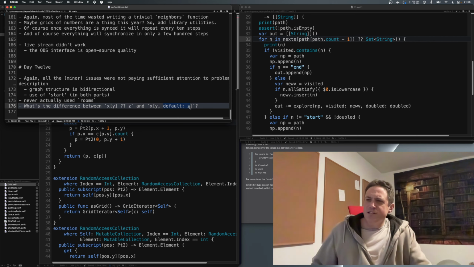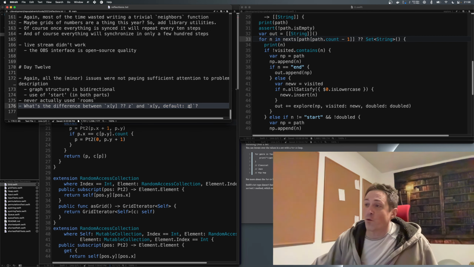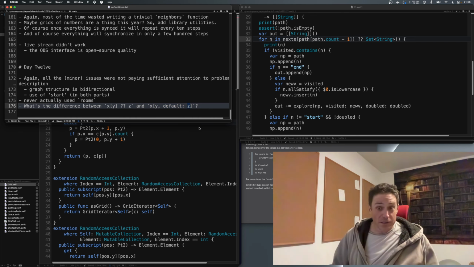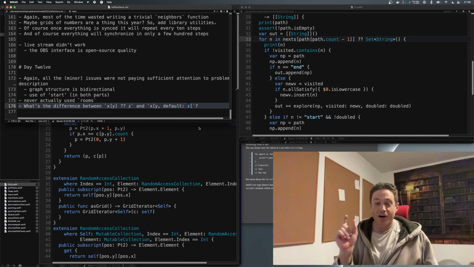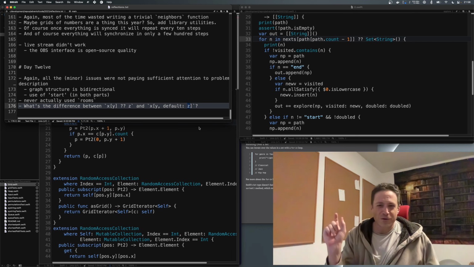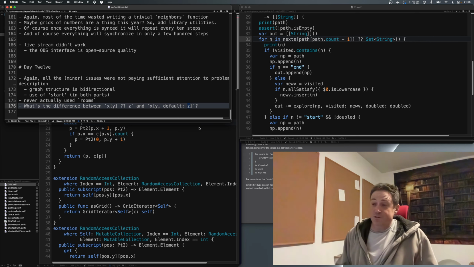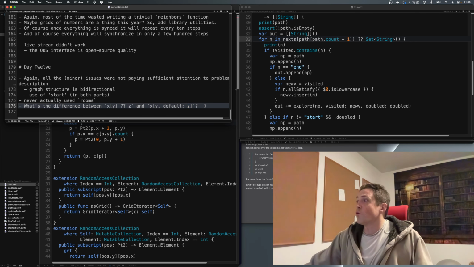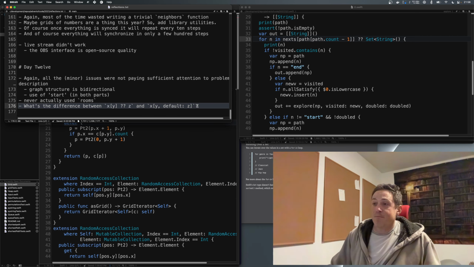I actually did a little test, and I was wondering if it's because one of them is short circuit and the other is not. But no, this default thing seems to make use of this quite clever, possibly too clever, Swift feature where you can use an auto closure, which avoids evaluating your parameters until you actually make use of them. So I don't know what the difference is between those two constructs.